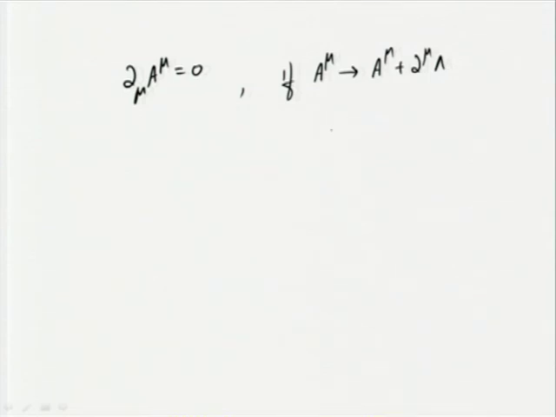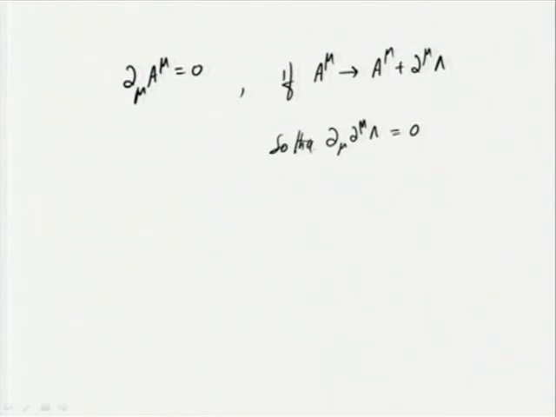But if we choose lambda so that dou mu dou mu lambda is equal to 0, then this is by choice.